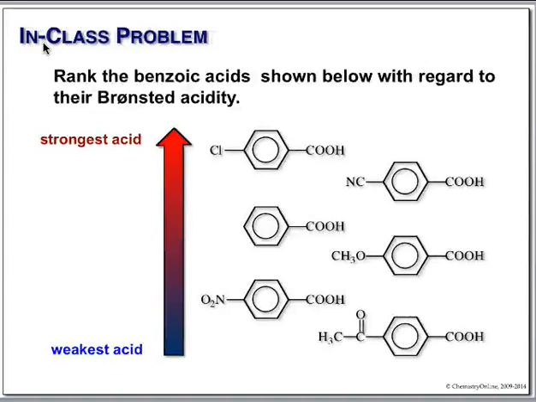Remember, electron withdrawing substituents will stabilize the anion. If you stabilize the anion, you make it a stronger acid.